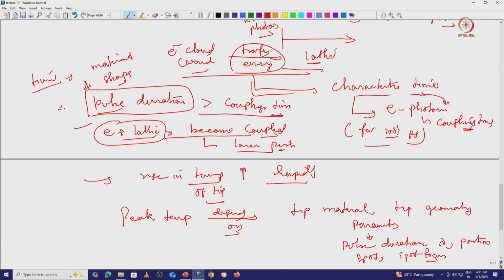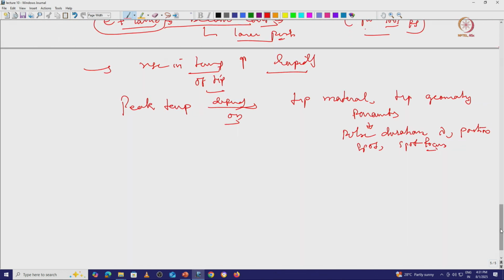So these are the parameters which can increase or decrease the peak temperature. So the peak temperature depends upon these factors, okay.